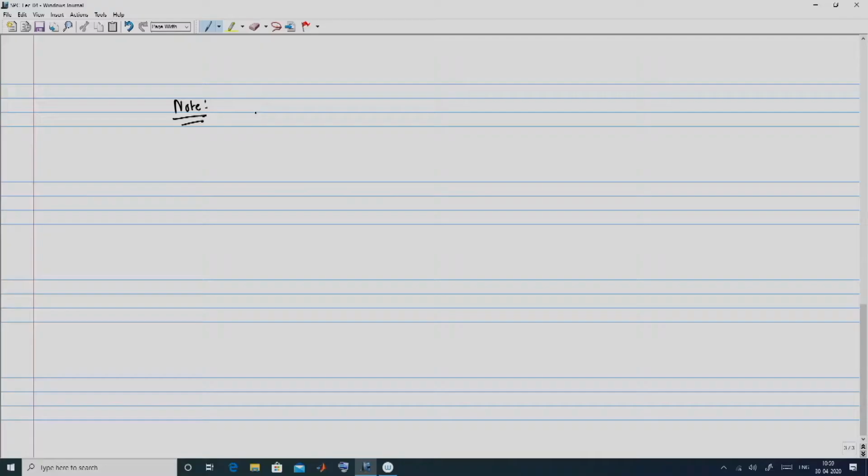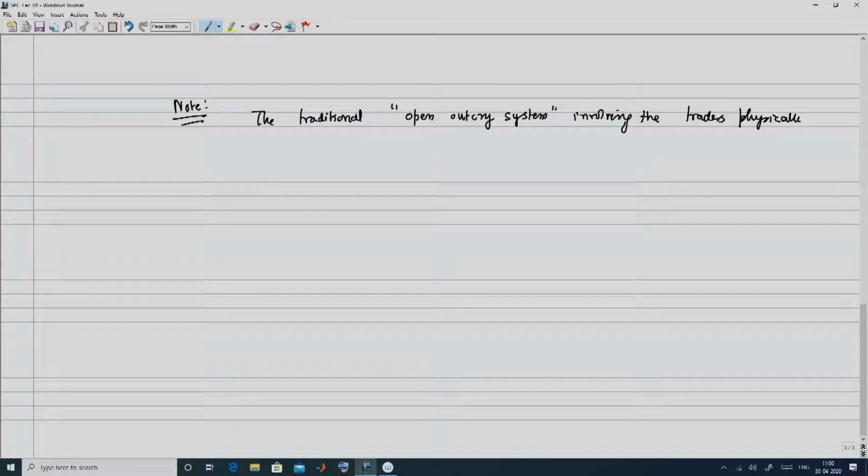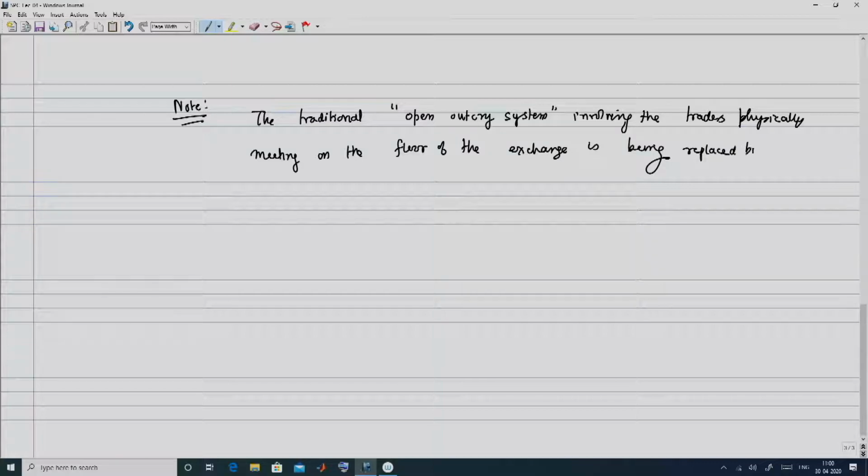So, accordingly, we make the following note: the traditional process of the traders trading on the floor, which is known as the open outcry system, which involves the traders physically meeting on the floor of the exchange, is being replaced by electronic trading systems.